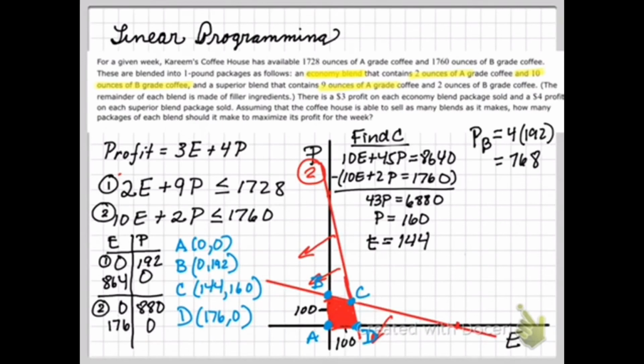So if I chose this option B, and I made 0 of the economy brand and 192 of the premium brand, my profit would be $768.